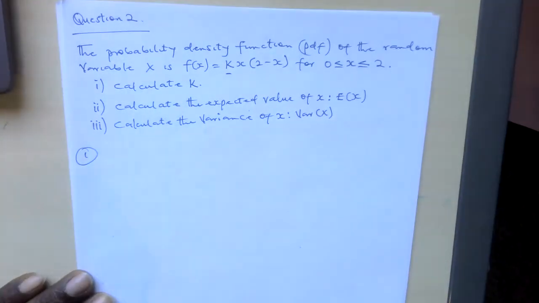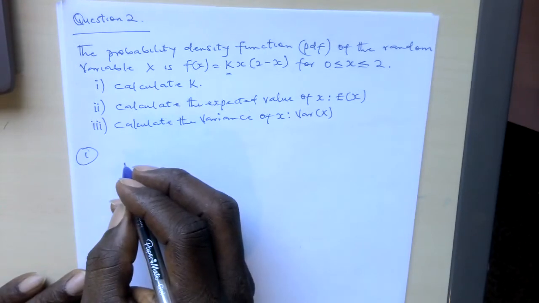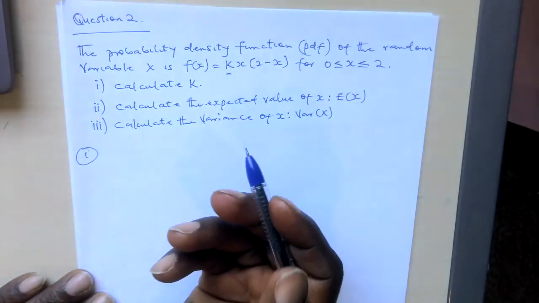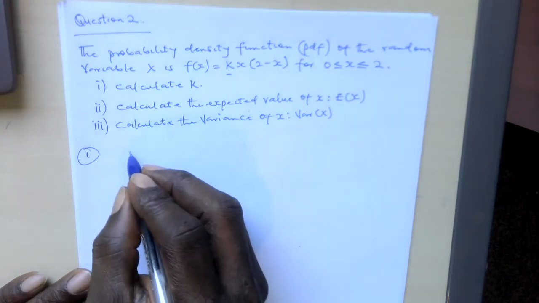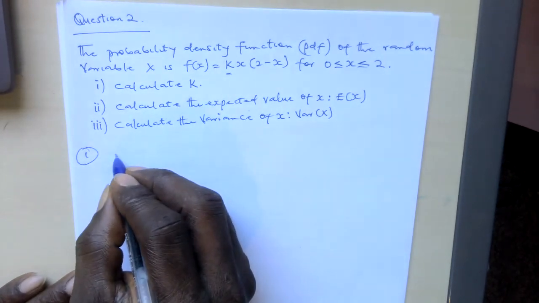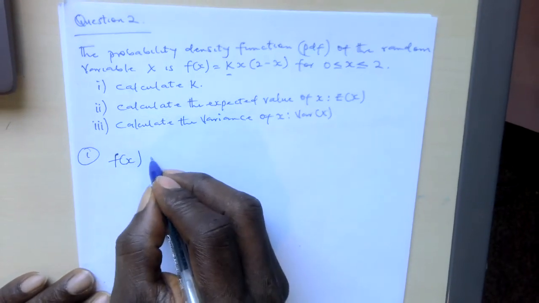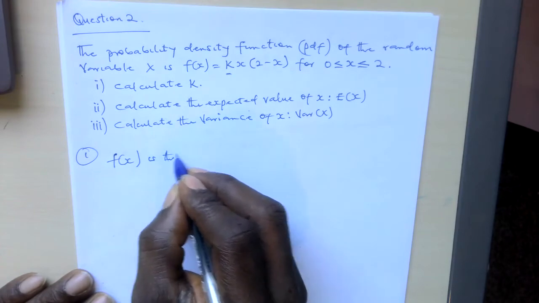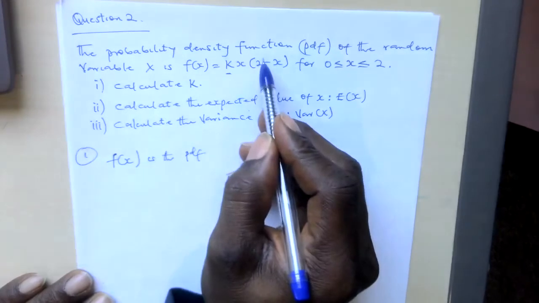We have this, calculate k. So f of x now is the PDF, I mean the probability density function.